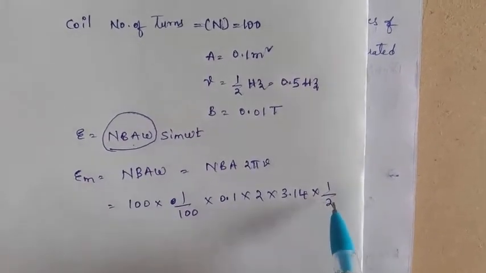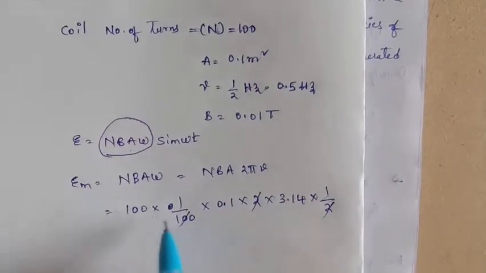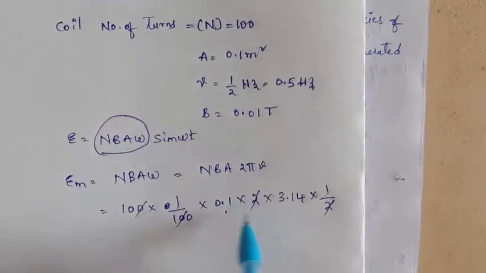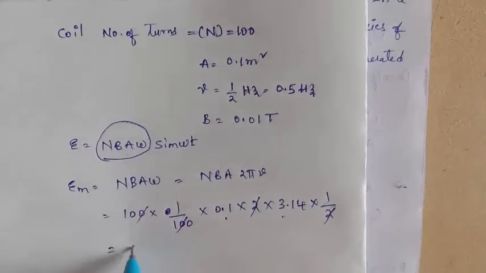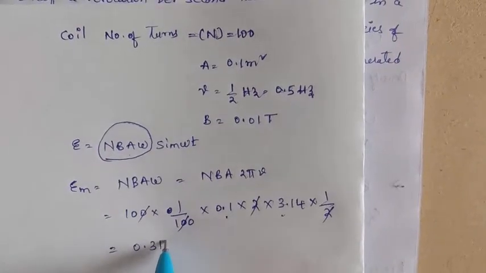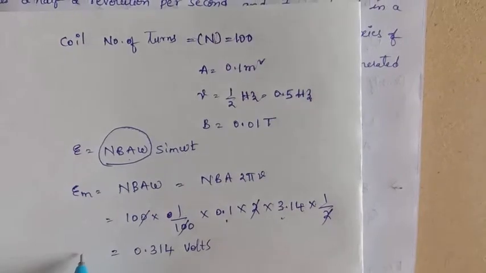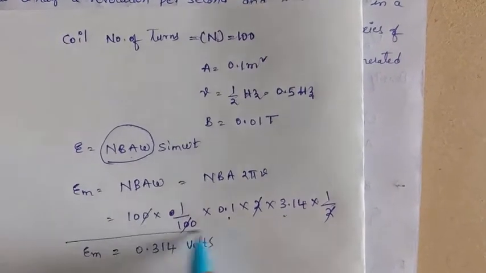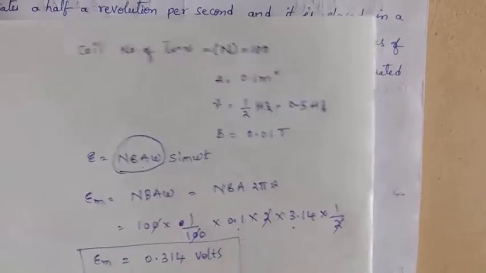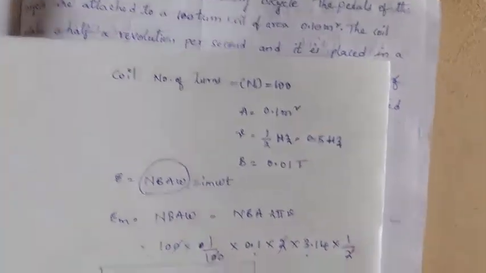So for our convenience the 2 gets cancelled, the 100 cancels, 0.1 into 3.14 means 0.314 volts. It is the maximum voltage induced. And next let us go to the next problem.